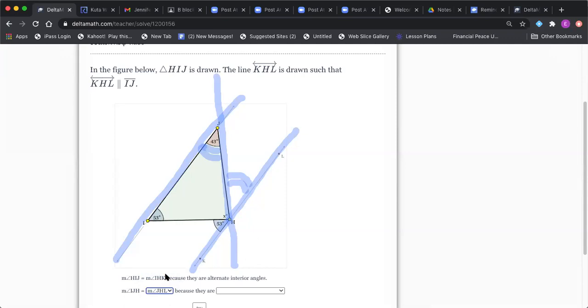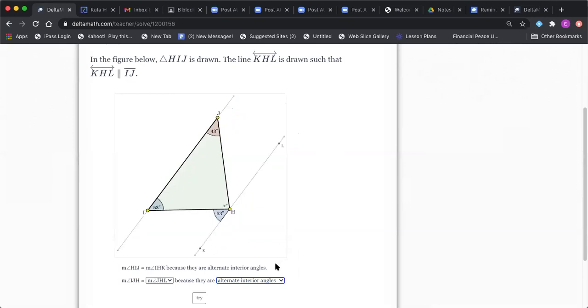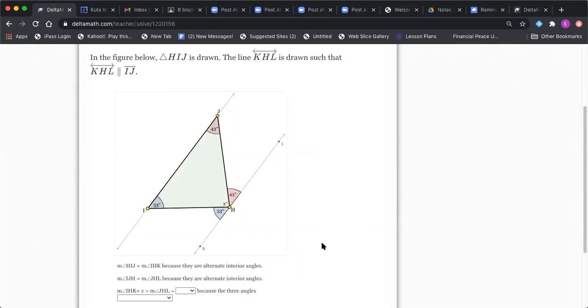Those 2 angles are going to be equal because, again, they're alternate interiors. All right, let's see what happens when I click try. You see that? So there's another pair of alternate interiors.